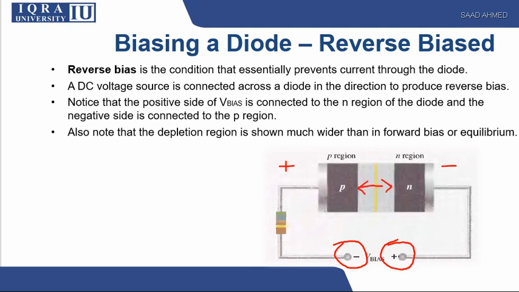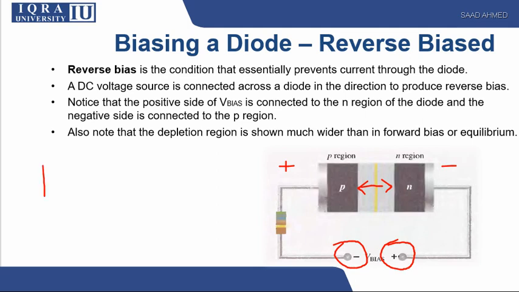The reason is that when you reverse bias a diode, it widens the depletion region. The area of the depletion region extends. The positive side of V bias is connected to the N side, which attracts electrons. Similarly, the negative is connected to the P side, and the result is the depletion region is increased, which can increase to the maximum depending upon the breakdown voltage a diode can handle.